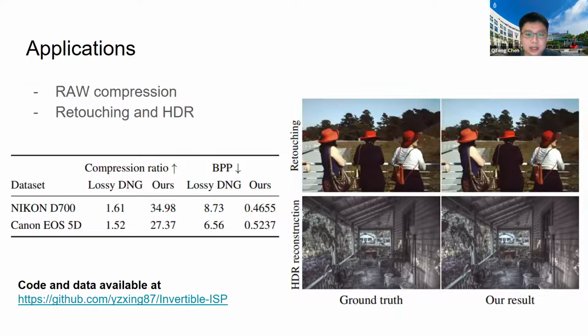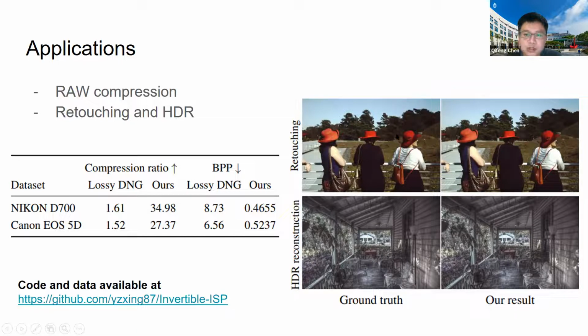And at the same time, we indirectly achieve raw data compression, because we can get the raw data from the JPEG image directly. So we can achieve a compression rate around 35 or 27 X. So it's better than the lossy PNG file.